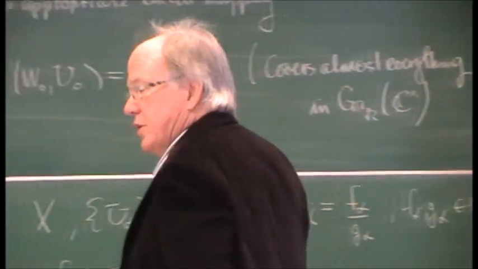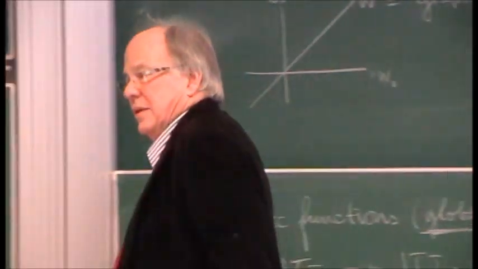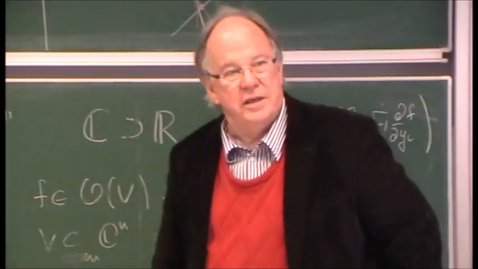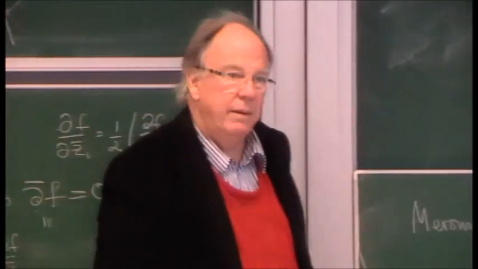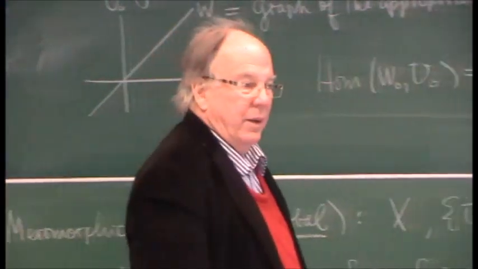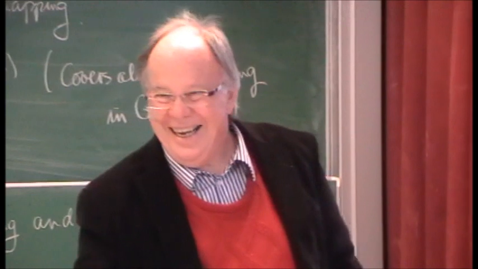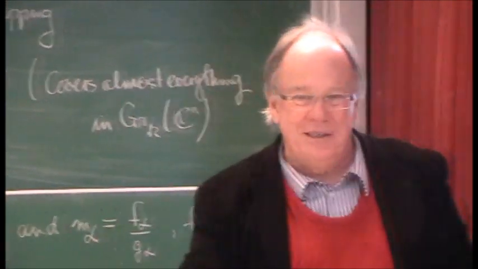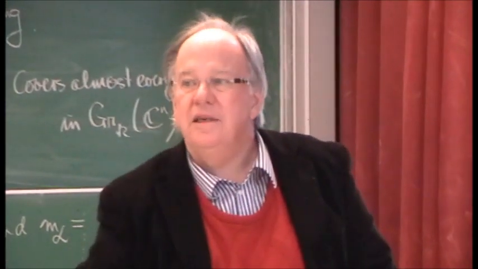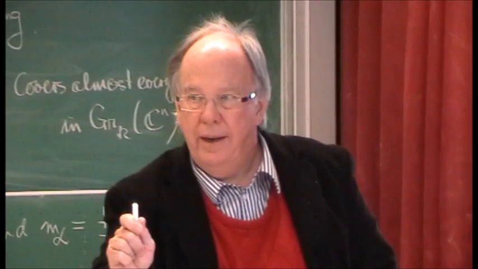So its complement is closed, defined by an algebraic equation. So everything is algebraic. We say that a subset is Zariski open if its complement is Zariski closed, and in this case the complement is Zariski closed because closed means it is defined by algebraic equations.